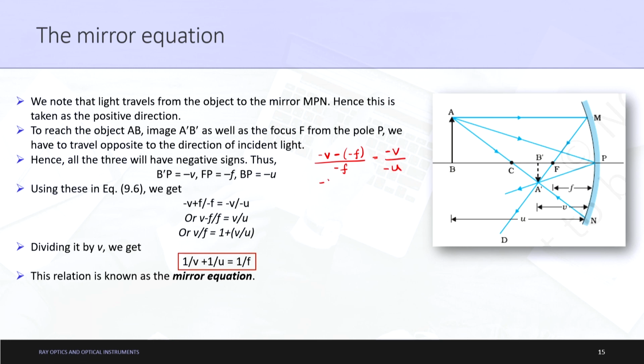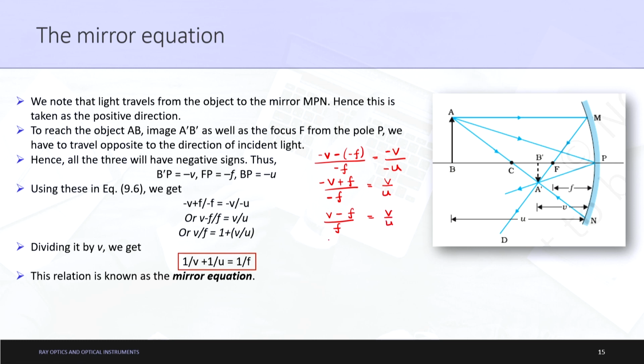Therefore, what we will get? Minus v plus f upon f is equal to v by u, or with the minus sign, v minus f upon f is equal to v by u.